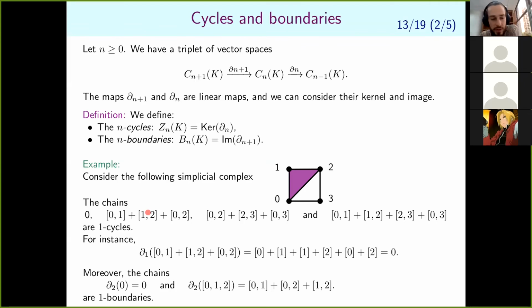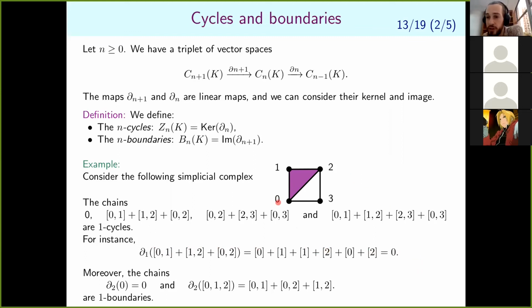For the moment, notice that these 4 chains I wrote are cycles. To prove that these chains are cycles, you just have to check whether their boundary is 0. And I give you here an example with this one. This is the same thing as before. The boundary of this chain is the sum of all the vertices where you see every vertex twice, and this is 0 at the end.